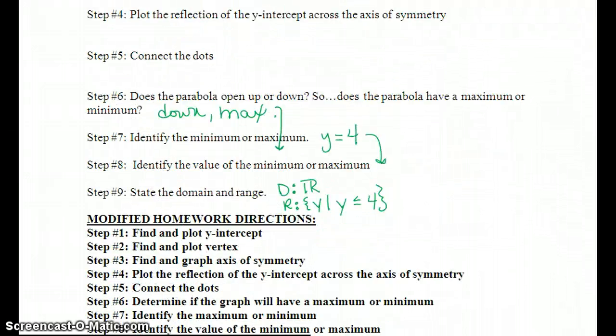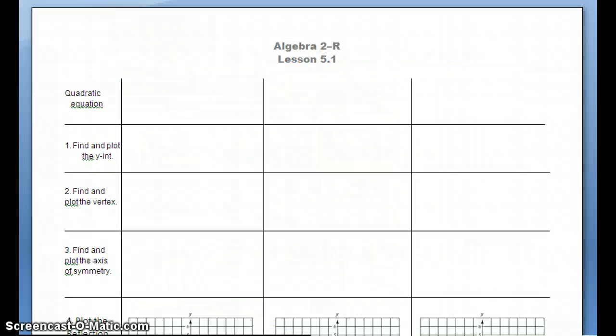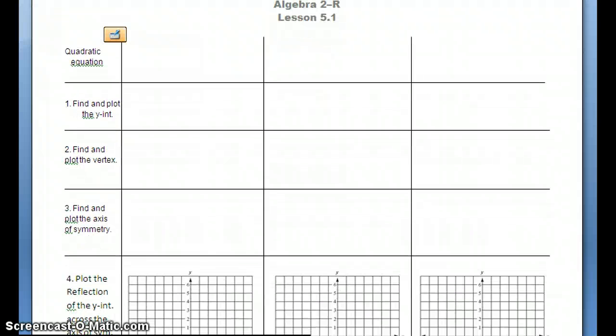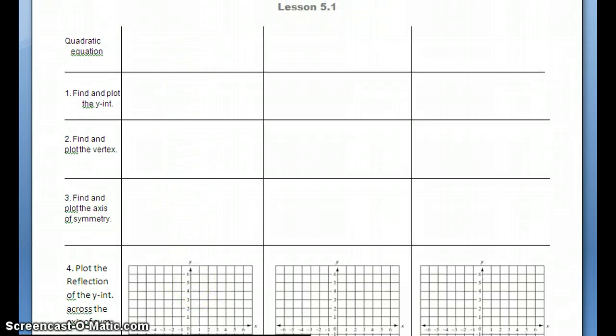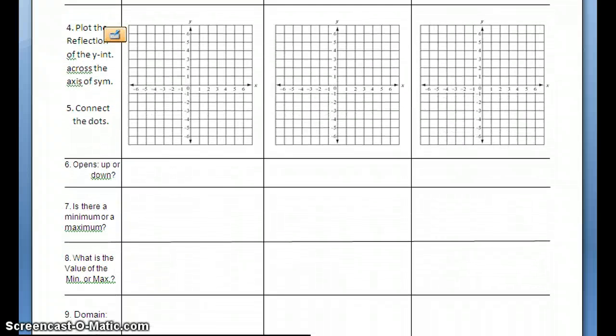Now when you do the homework that's on this page, I'm going to give you a worksheet that has all of this step by step worked out. You're going to go by each one of the steps, and I'll show you a picture of that. Here's a picture of the worksheet that you're going to get, and you'll write down your quadratic equation in this box, and then all the way down this column you're going to do everything it tells you to do in every one of the things on the left side.